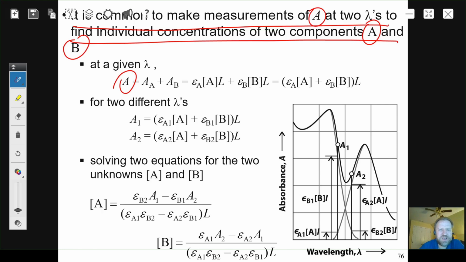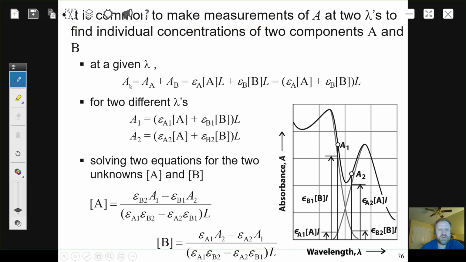The italicized uppercase A stands for absorbance, while upright A stands for species A. So the total absorbance of our mixture will be the absorbance of species A plus species B, and then we can expand each of those absorbances as the product of molar absorption coefficient, the concentration, and the path length.